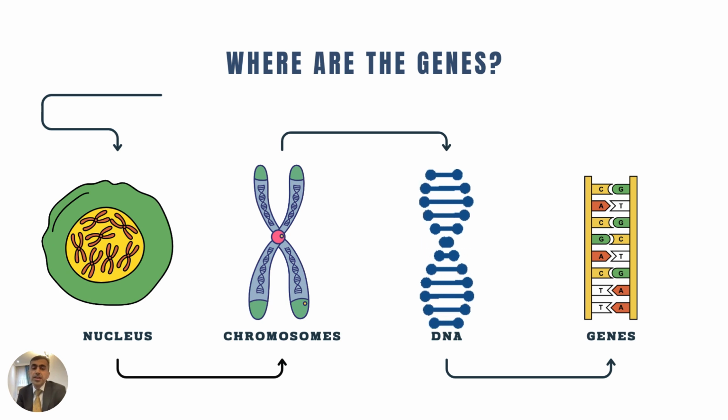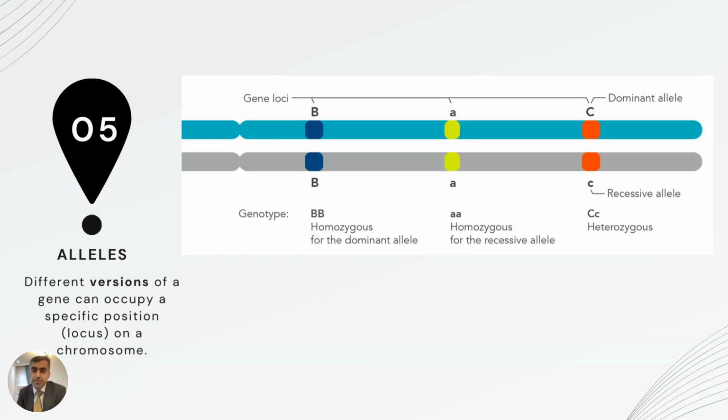So, the location of our genes. As we know, genes are part of our DNA, and DNA is part of our chromosomes, and chromosomes are located within the nucleus. So it means we can find the location of our genes within the nucleus.